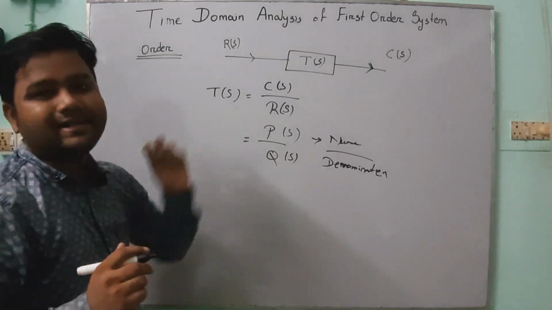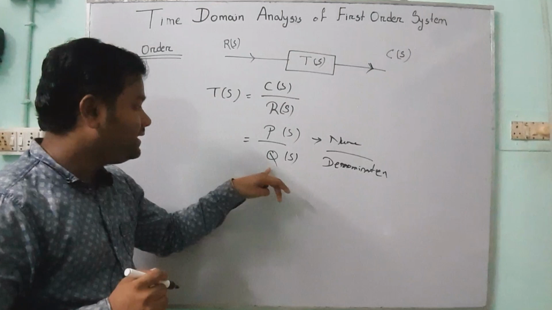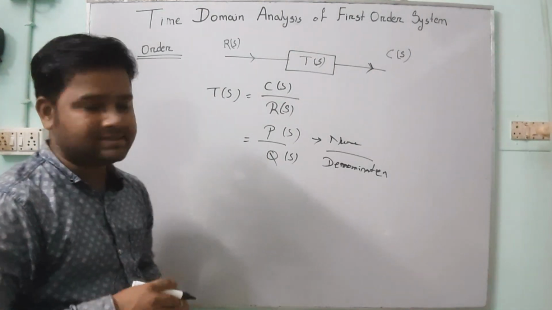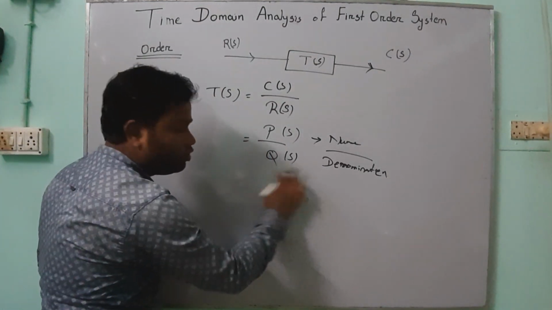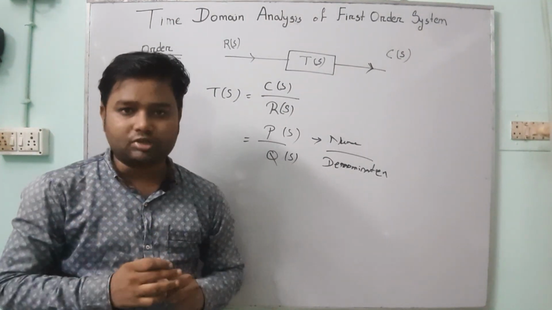So what is the order? Order means the dependence on S in the denominator. In Q of S, the highest power of S is known as the order of the system.